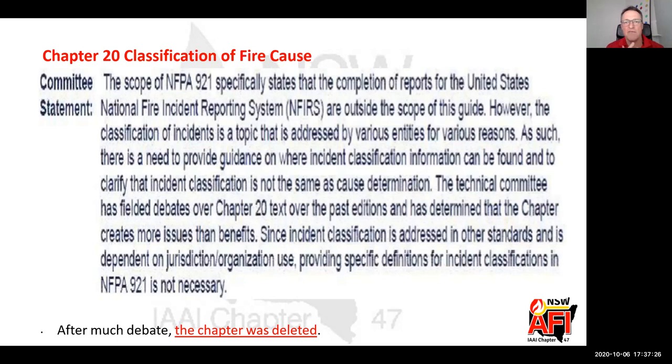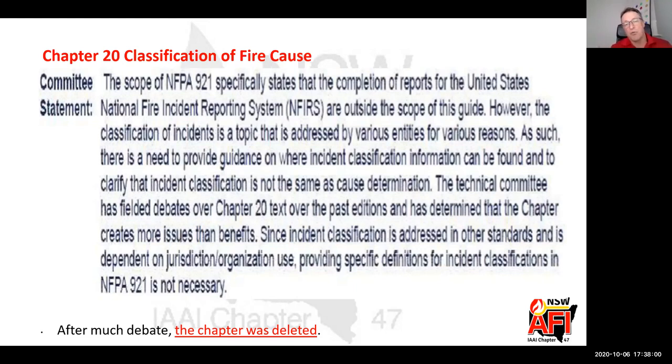And so Andy gives a very simple example. You go to a house fire, the fire's in the kitchen. You go up to the cooktop, and on the cooktop we have burnt foodstuffs. Okay, so we've got a fire here. We've got the stove on, and the fire burns the food. What is the classification? How do we know that that is an accidental fire? How do we know that it's not a deliberate fire?